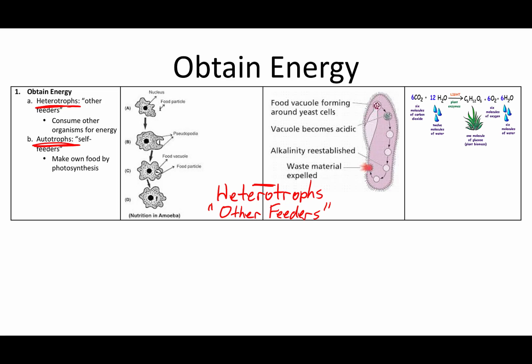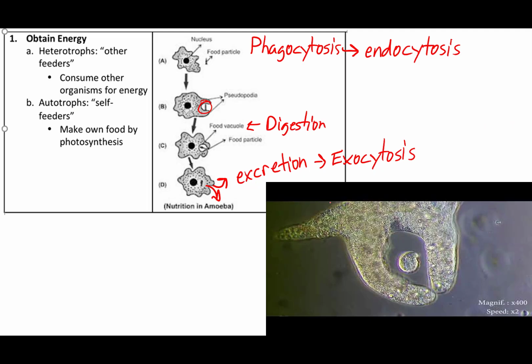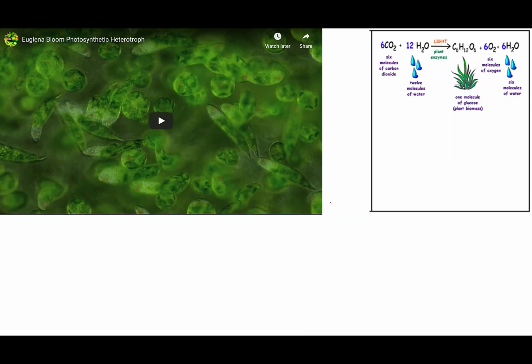So hetero is different. Its troph, nourishment, comes from other sources strictly. They're the strictly animal-like type of protist. There's fungal-like, and then there's plant-like, which we'll get with the euglenas. So the euglena here, there's a self-feeder.